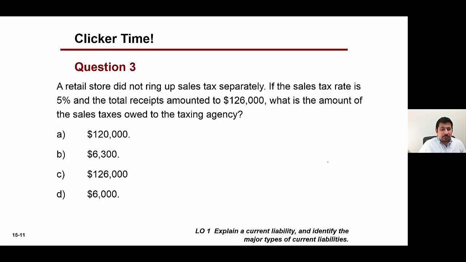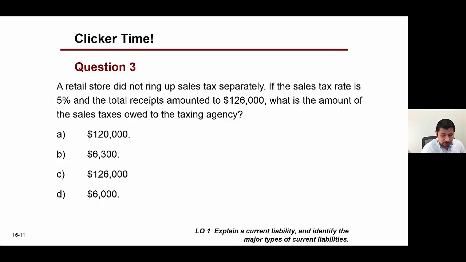A retail store did not ring up sales tax separately. If the sales tax rate is 5% and the total receipts amounted to 126,000, what is the amount of sales taxes owed to the taxing agency? When we are asked to solve a question like that, we need to look at the question carefully.